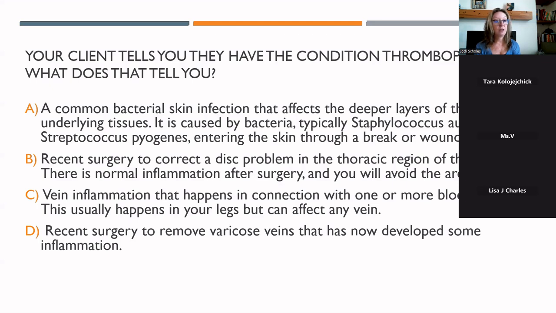Letter B, that tells you they've had recent surgery to correct a disc problem in the thoracic region of the spine. There is normal inflammation after surgery, and you will avoid the area. C, vein inflammation that happens in connection with one or more blood clots. This usually happens in your legs, but can affect any vein. D, recent surgery to remove varicose veins that has now developed some inflammation.